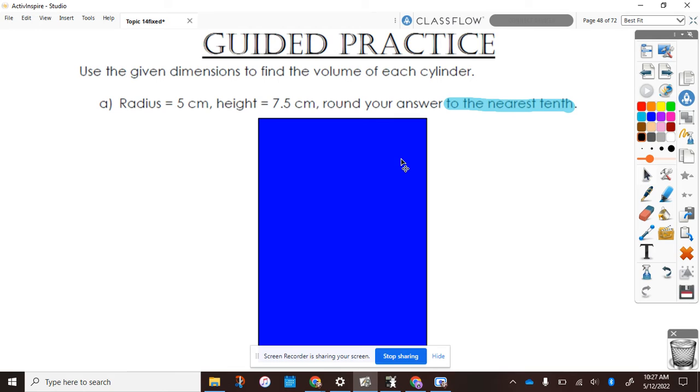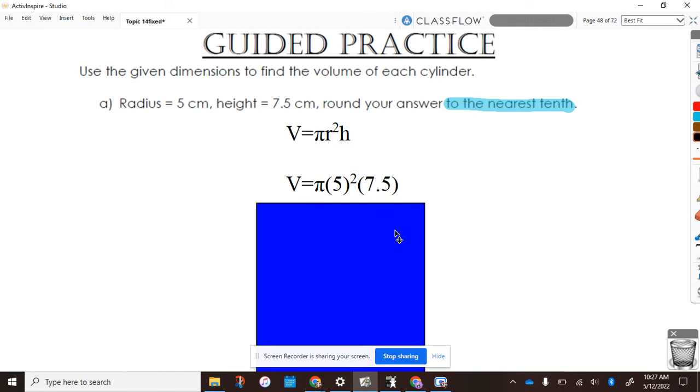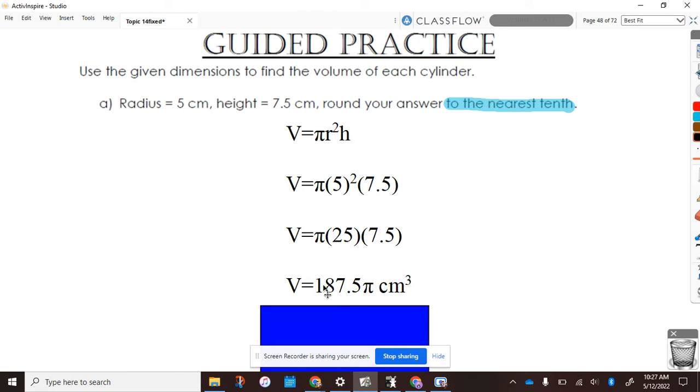So if we use that same formula, pi r squared times h is going to be pi times 5 squared times 7.5. Well, that 5 squared is 25. 25 times 7.5 is 187.5. If we were looking for an answer in terms of pi, we would stop right here. But we're not. We want to find this answer as a decimal approximation.